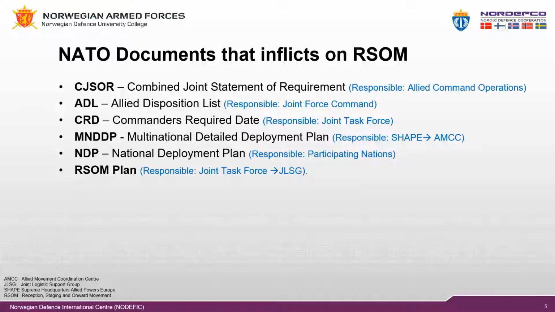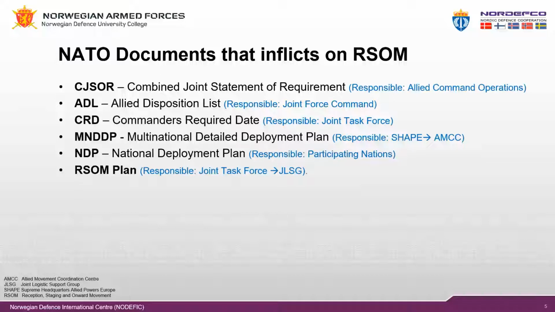The Allied Disposition List contains all units, types, size, and nationality that will participate in an operation. Joint Force Command is responsible for this list in coordination with the troop contributing nations. Logistics issues to the Allied Disposition List are discussed and agreed during the initial planning conference.